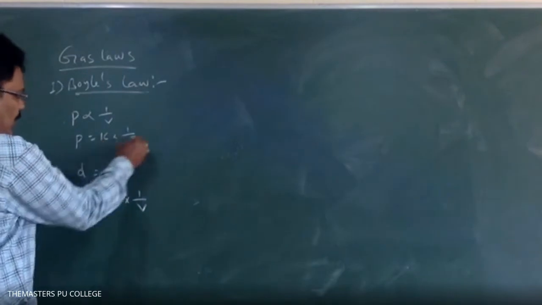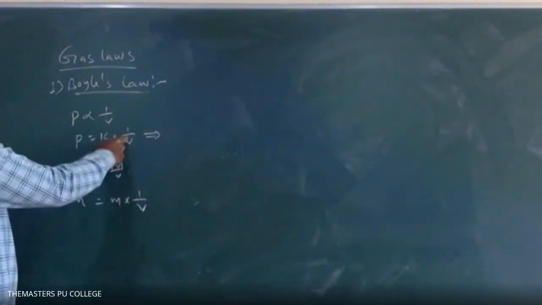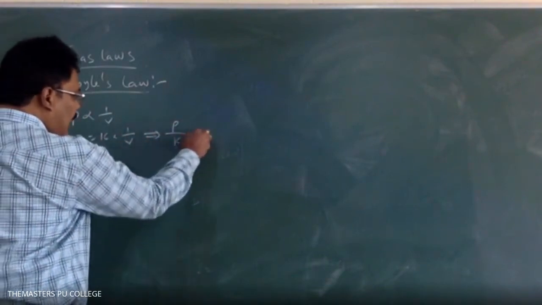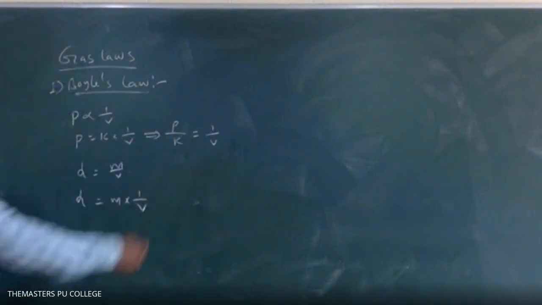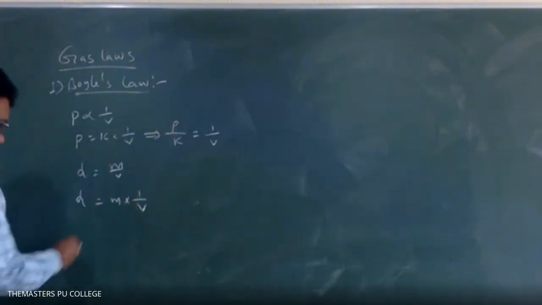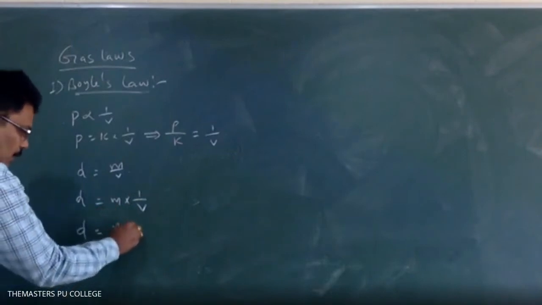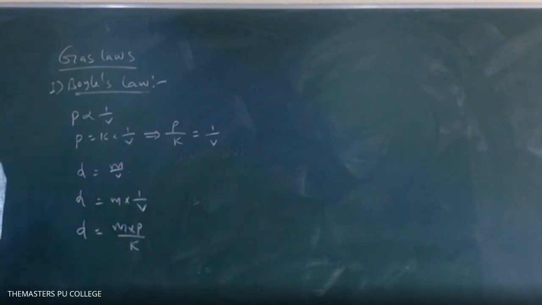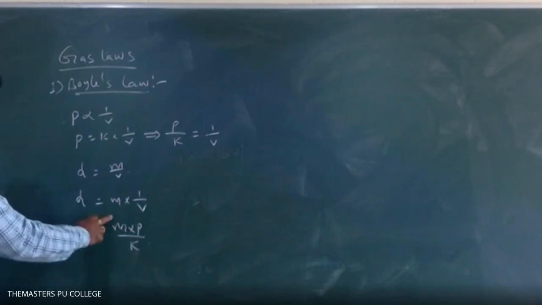Okay. But here, from Boyle's law, what is the 1 by V? P by K is equal to 1 by V. So if you substitute this value in this, what will we get here? D is equal to M into P by K. For a fixed amount of gas, K is always constant and M is also constant.